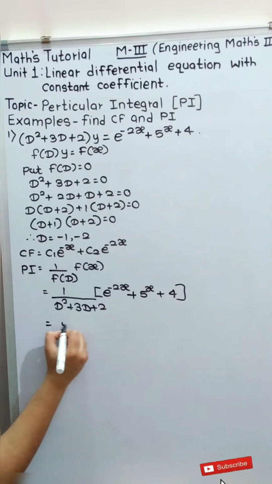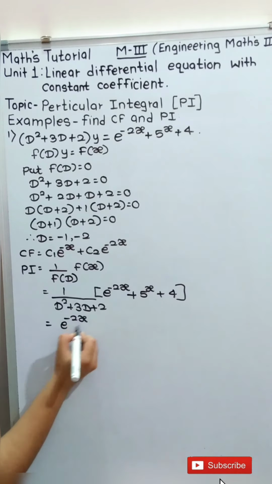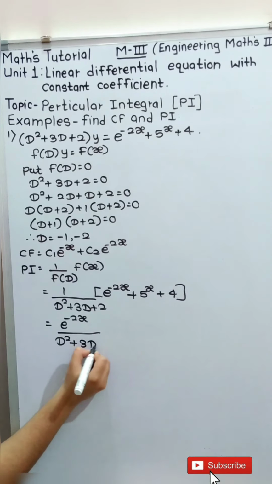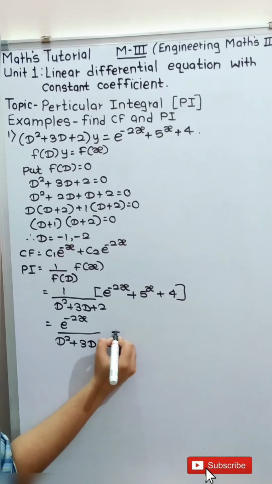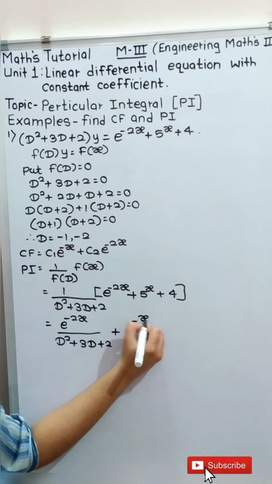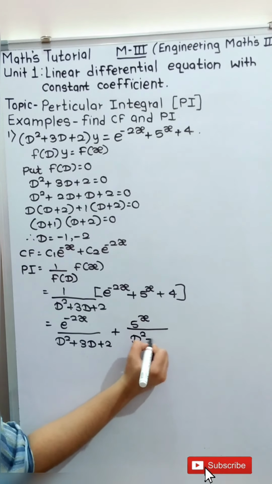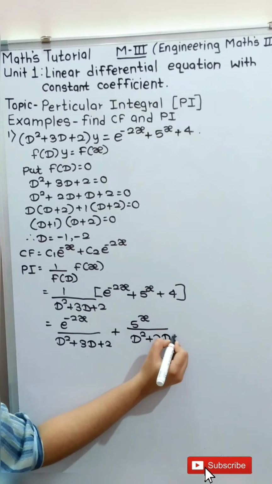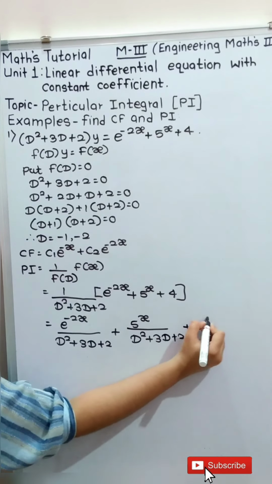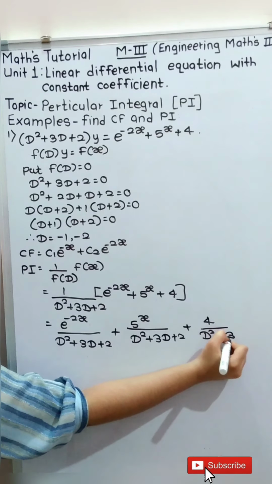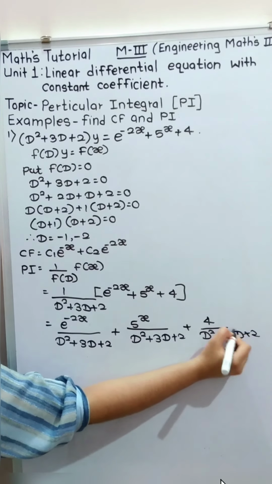Then e raised to minus 2x upon D square plus 3D plus 2 plus 5 raised to x upon D square plus 3D plus 2 plus 4 upon D square plus 3D plus 2.